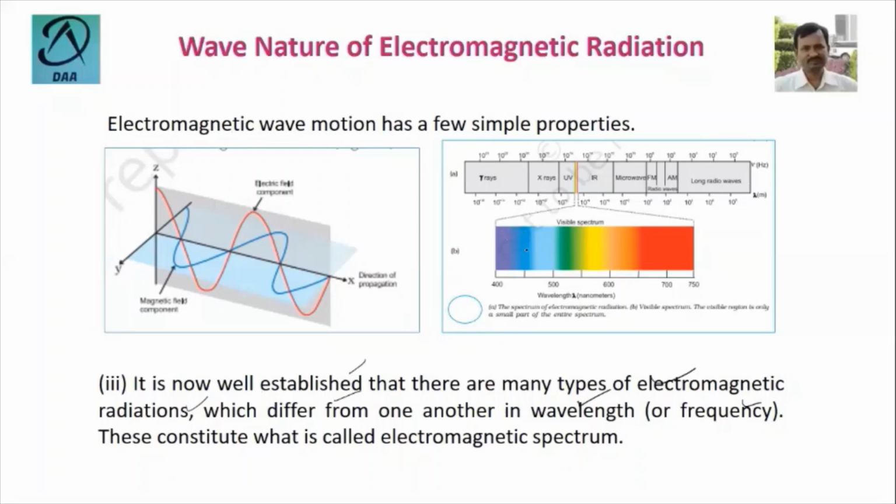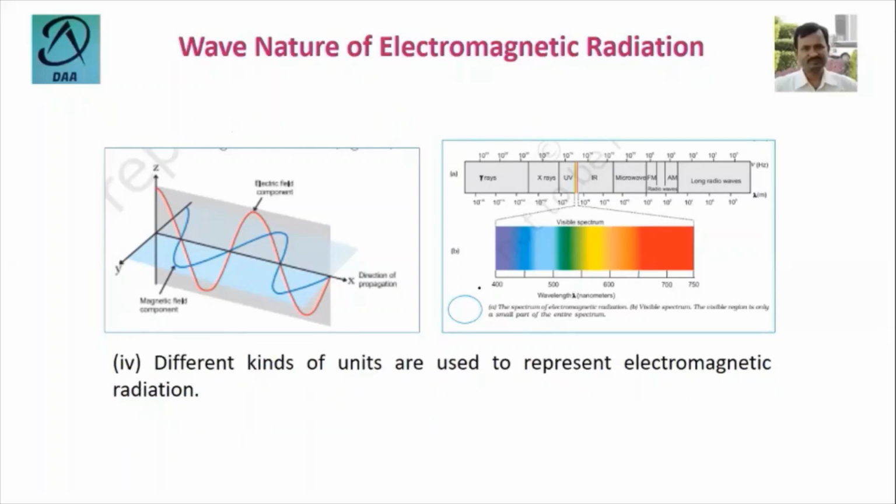Here you can see the different wavelength portions: gamma rays, X-rays, UV, IR, microwave, FM radio, which is very famous, and long radio waves. These are the different types of electromagnetic radiation. Their wavelengths differ from one type to another, and all of them together constitute the electromagnetic spectrum.